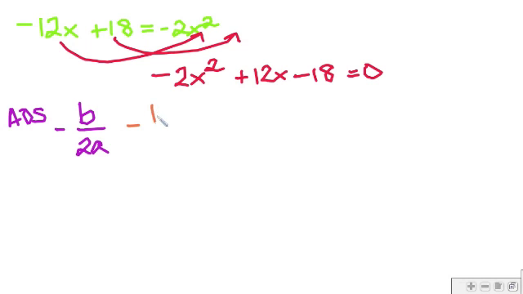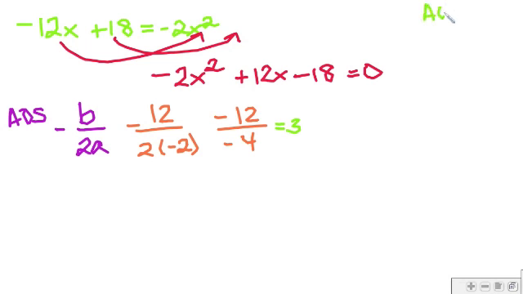Negative b is going to be negative 12 over 2 times negative 2, which is negative 12 over negative 4. A negative and a negative make a positive, and 4 goes into 12 3 times. So my axis of symmetry is 3, which also tells me that my x equals 3.